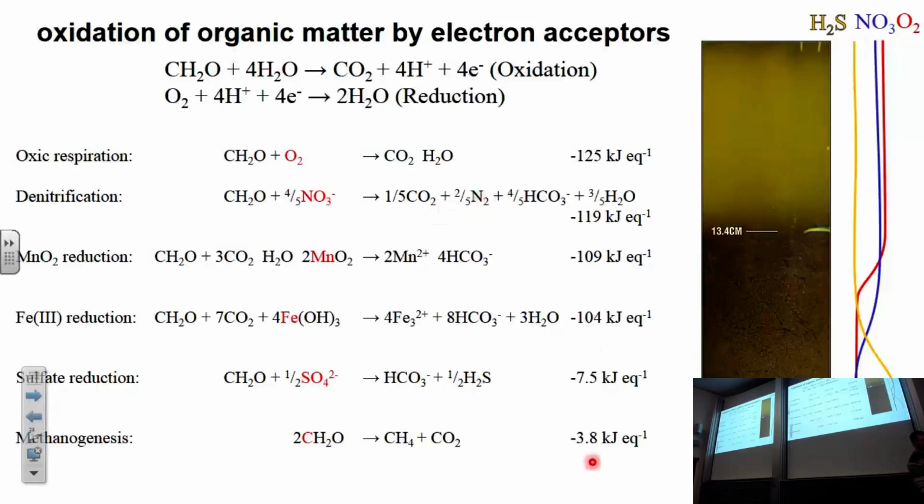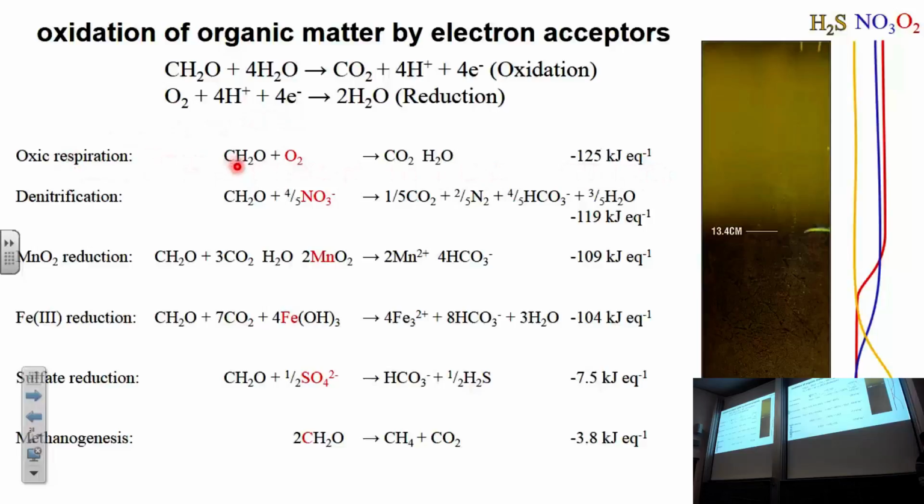So take the process of, for instance, organic matter being oxidized to CO2. You can do this reaction by using oxygen as your electron acceptor, and that's the most energy efficient.